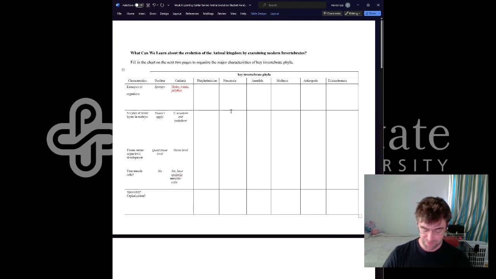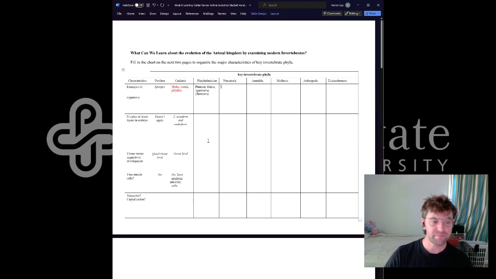Platyhelminthes, we have planaria, flukes, and tapeworms, which are a kind of flatworm. Nematoda, we have Ascaris, horsehair worms, these are roundworms, true roundworms. Annelida, we have earthworms, so segmented worms, leeches, fanworms, these are all segmented worms.